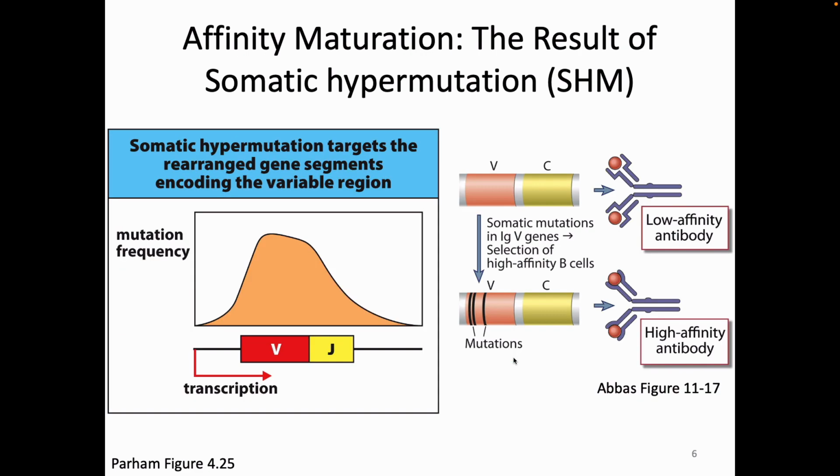And as a result, we get lots of mutations right here on the heavy and light chain coding genes. You can see the mutations that got picked up here. We went from no mutations to some mutations. And this changes the protein so that it has different affinity.